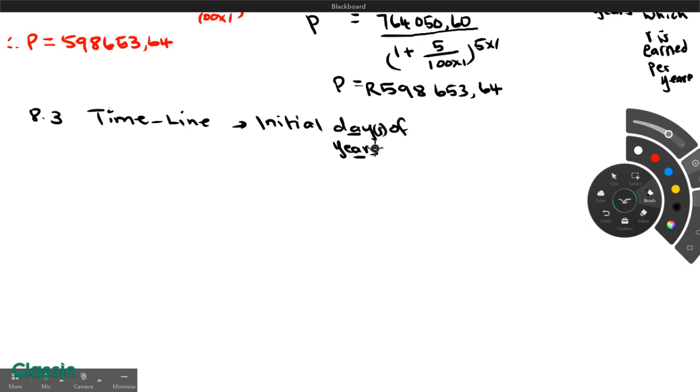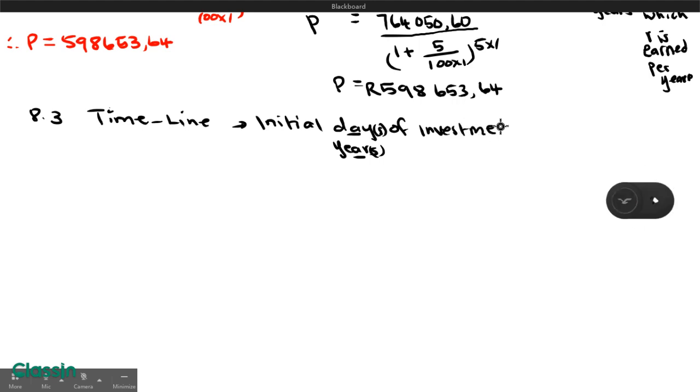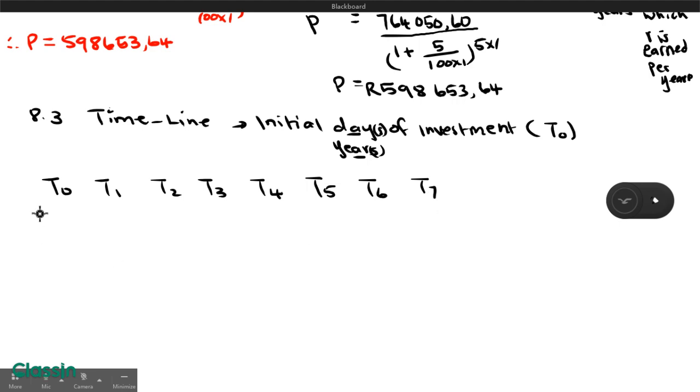It's either years or days. The initial year of investment is written as T0. So now we say T0, T1, T2, T3, T4, T5, T6, and T7.